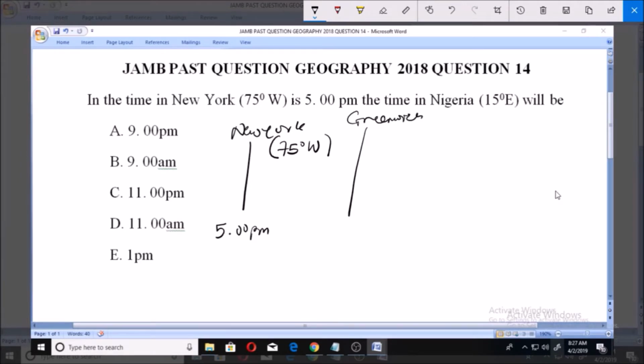And then we have Nigeria at 15° east. That is the information we can get from what we have here.